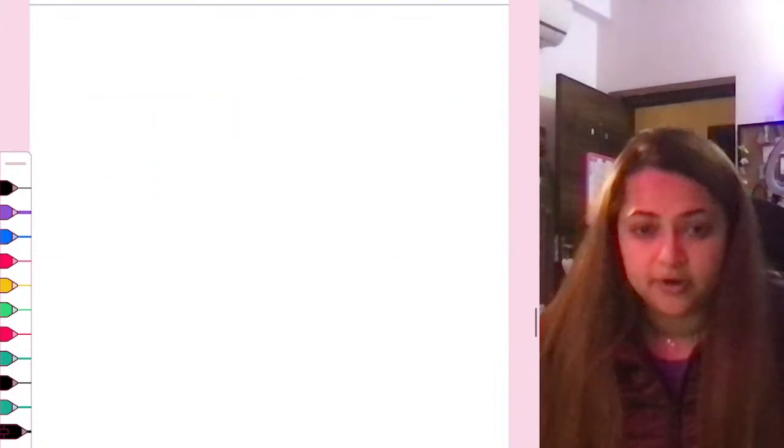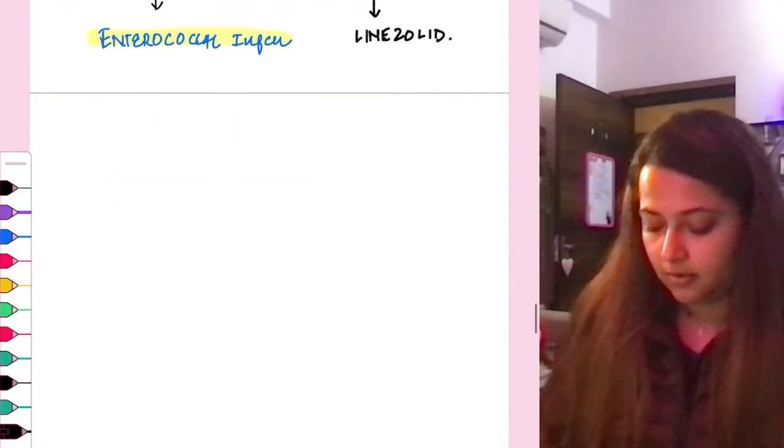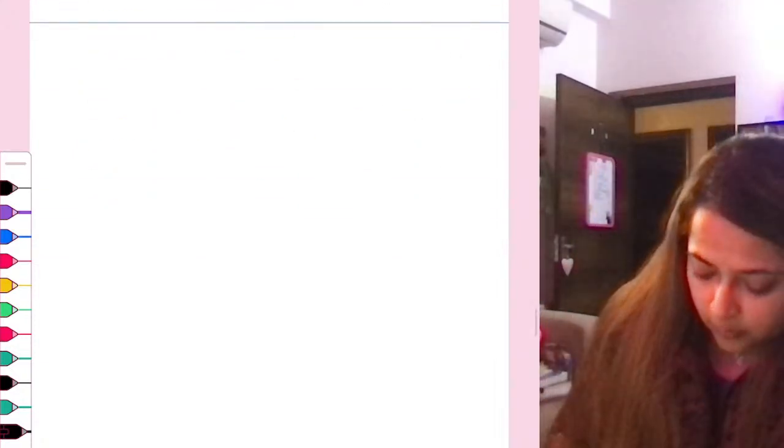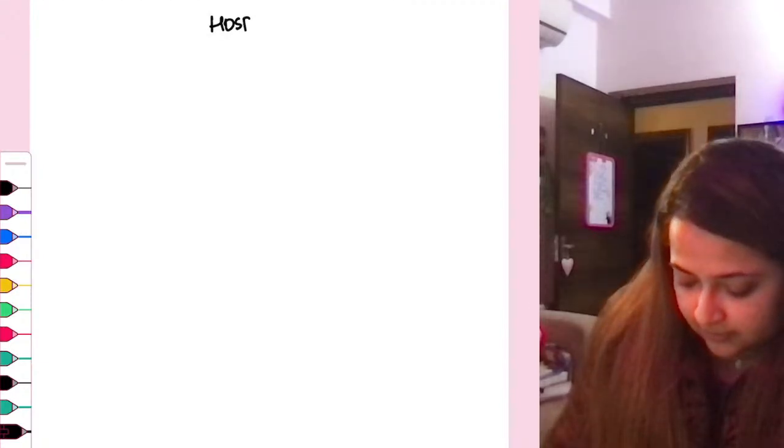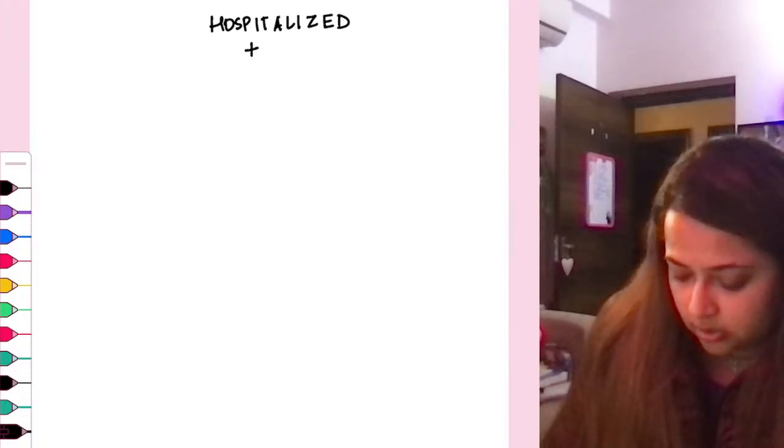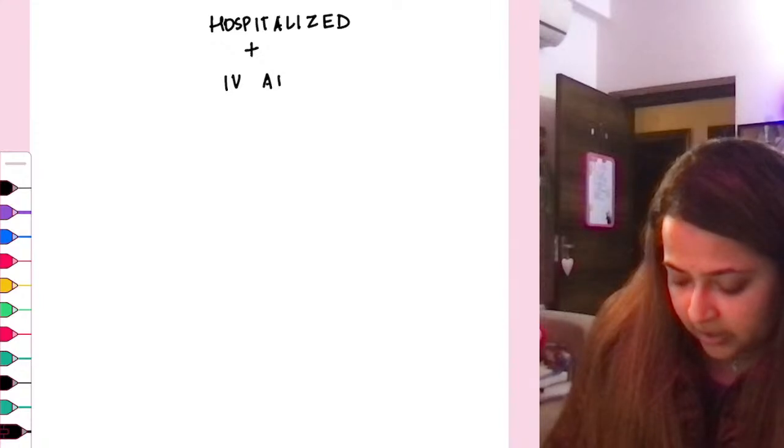Now, one point here. Supposing they give you a history in which the patient had been hospitalized due to some kind of infection. The patient was on IV antibiotics.